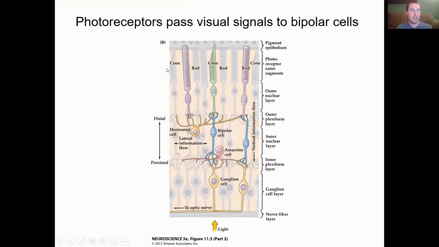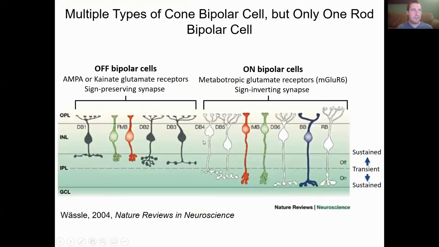And we've already talked about the photoreceptors, the rods and the cones. Now let's talk about this next layer of the retina, the bipolar cells. There are many types of cone bipolar cells. Those are the bipolar cells that get the glutamate from cone photoreceptors.